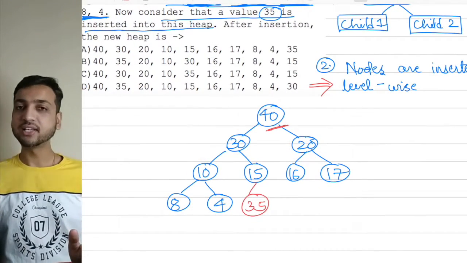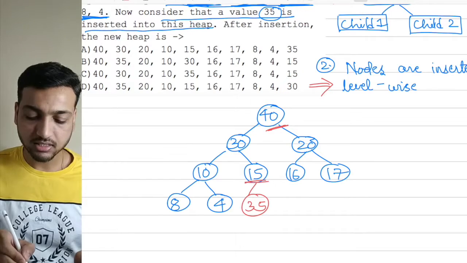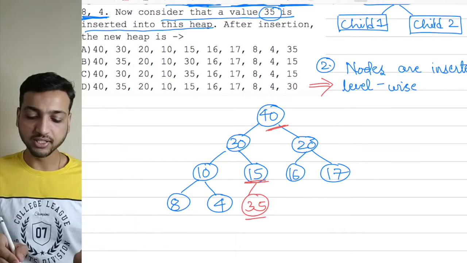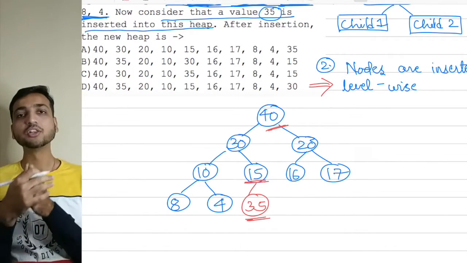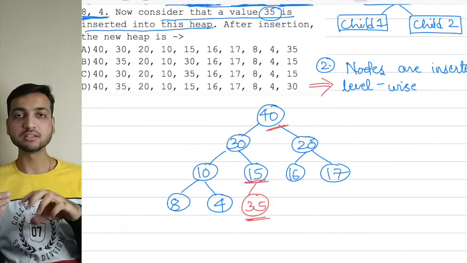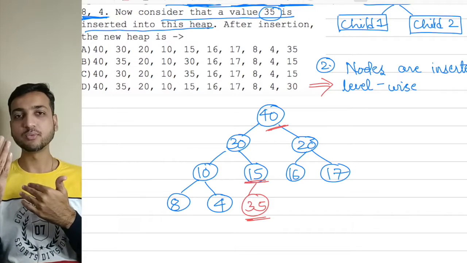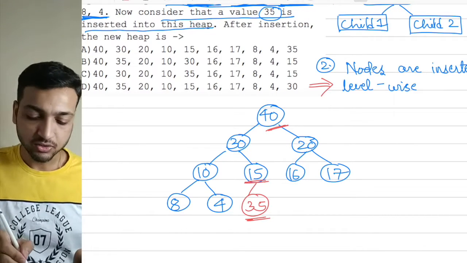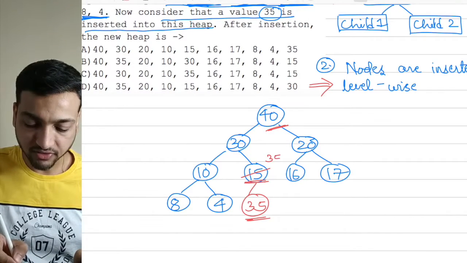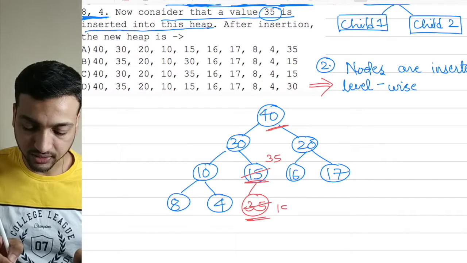So here, as we can clearly see, this parent has a lesser value than its child. Whenever there is a mismatch, the operation that we perform in max heap is called bubble up. We just swap the values of the parent and the child, so this value becomes 35 and this value becomes 15.